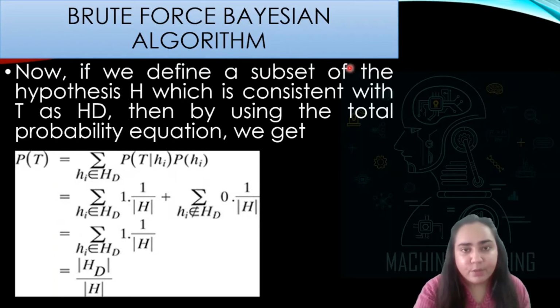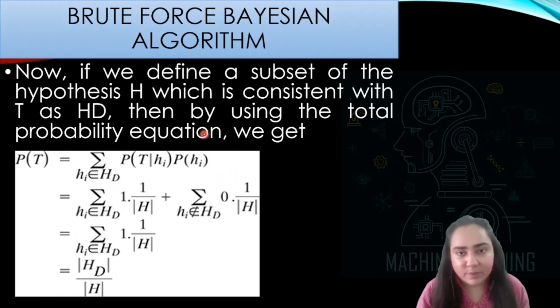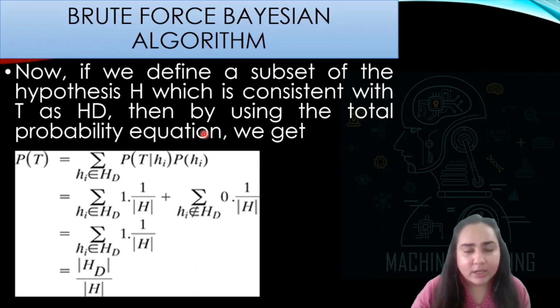Okay, if we define a subset of hypotheses H, which is consistent with T, as HD, then by using the total probability equation, we can get the following. So we know that out of capital H, not all hypotheses are consistent with the target values. So we have to identify the ones which are consistent and create a subset of H with all the consistent hypotheses, which we will denote as HD.